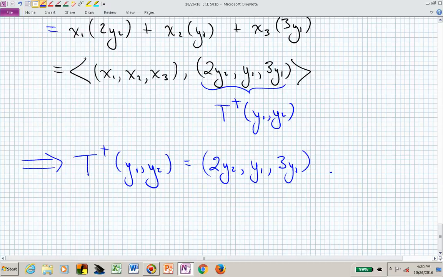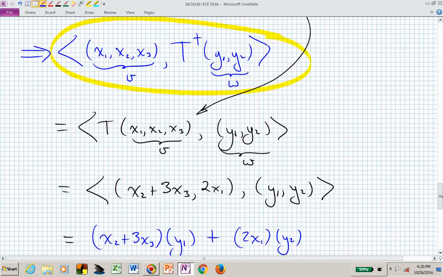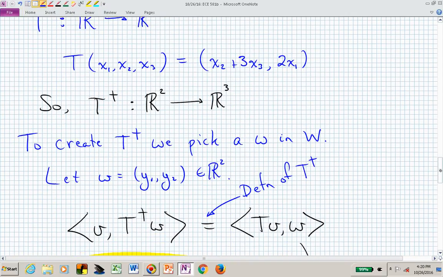And we built that by simply using the definition of the adjoint, by equating these inner products. And that's now a dimension raising linear map. It's going from R2 to R3. That's the adjoint of the original map, T, which we started with.